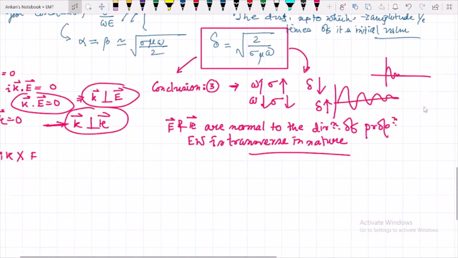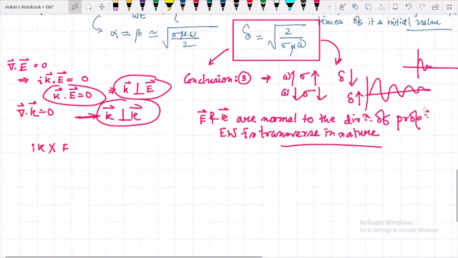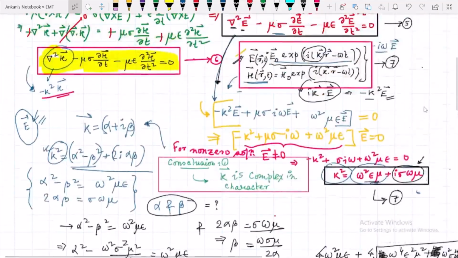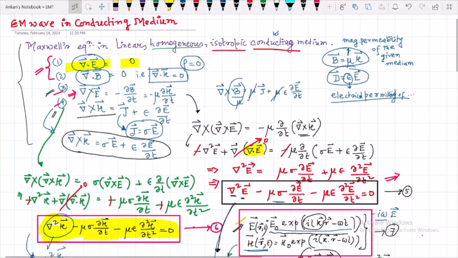Now let me copy the set of Maxwell's equations, because it will be very helpful.